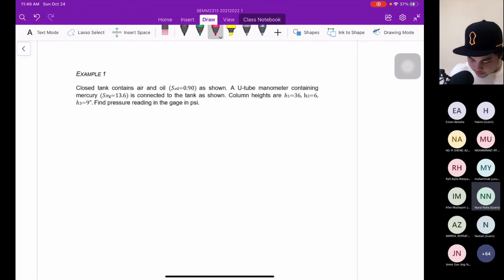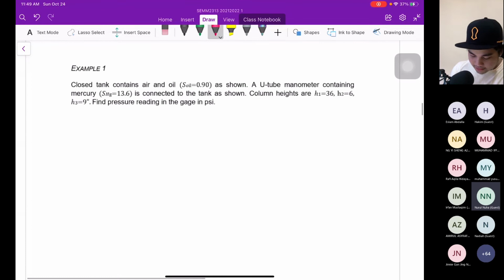I will draw later on. A U-tube manometer containing mercury is connected to the tank as shown here. Column heights are H1 36, H2 6 and H3 9 inches. Now we are dealing with the imperial unit. Find the pressure reading in the gauge in PSI. So this is PSIG, pound per square inch gauge.